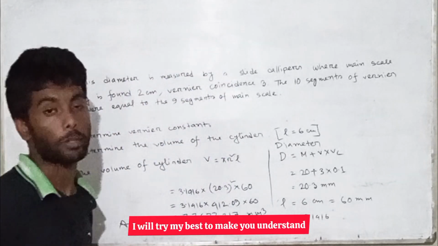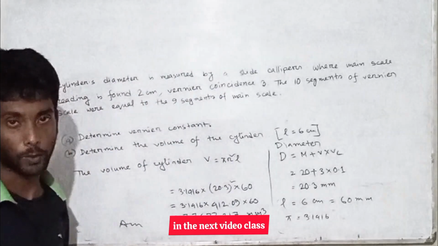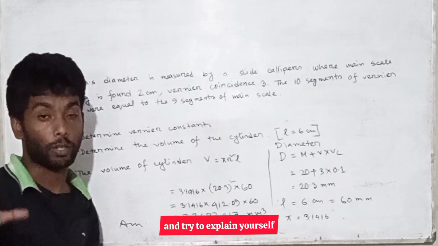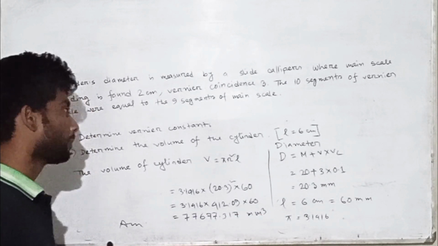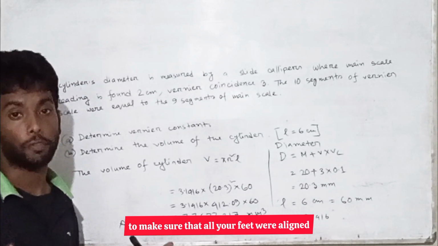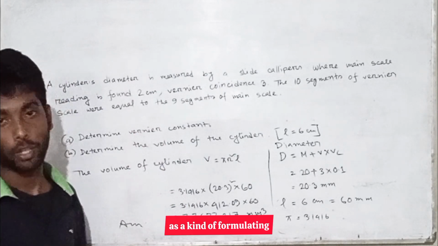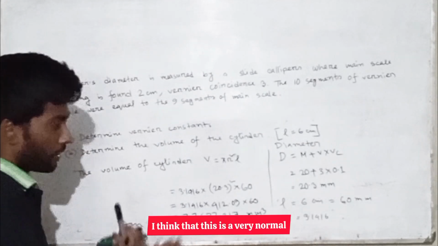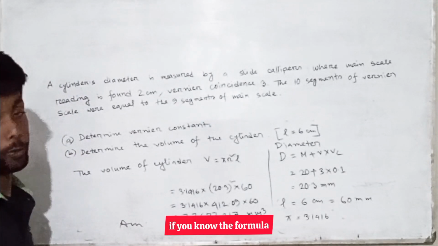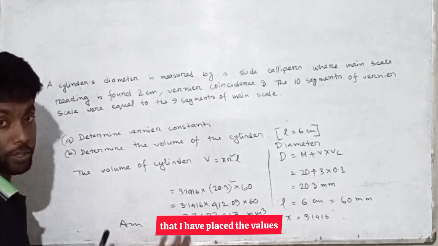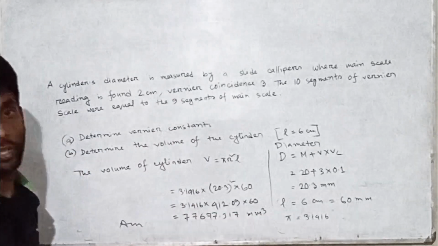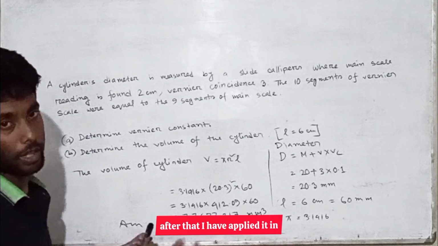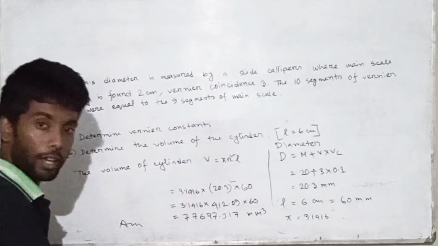I will try my best to make you understand in the next video class. I think this is very normal if you know the formula. I have placed the values which I have found from the text and the stimulus. After that, I have applied it in the formula.